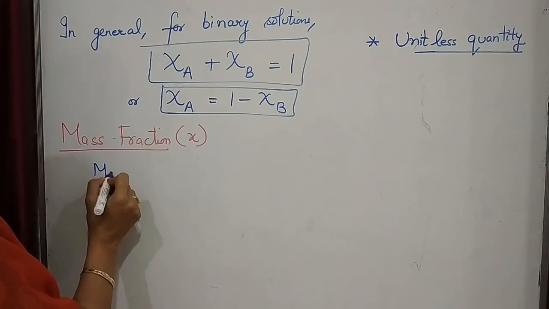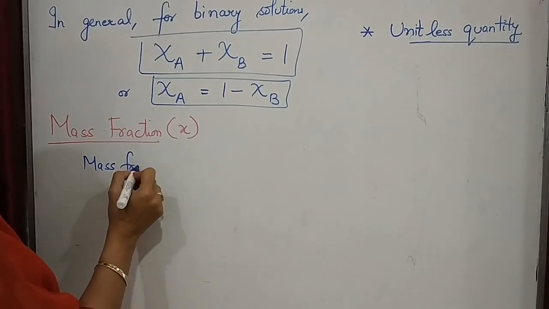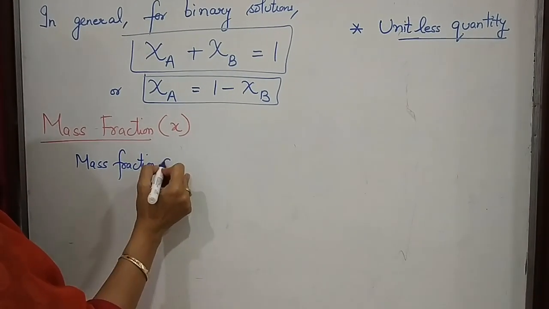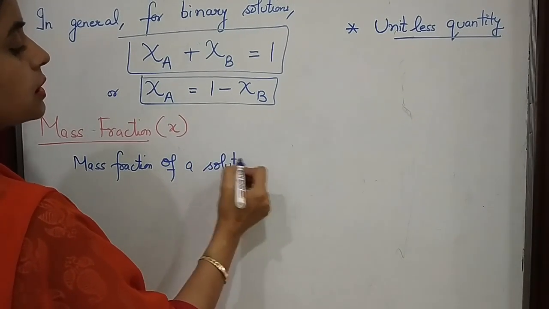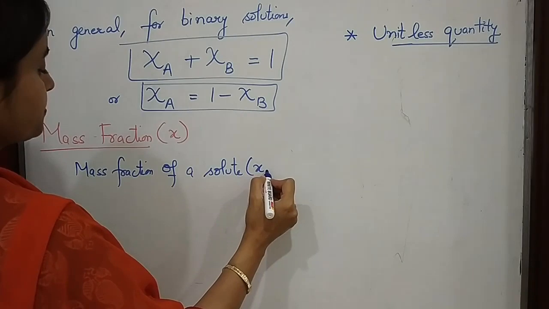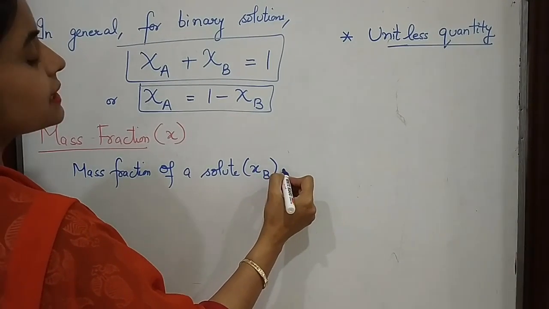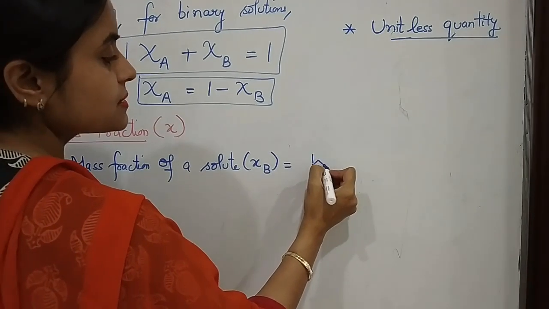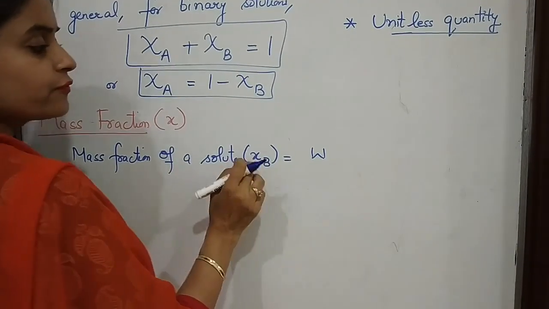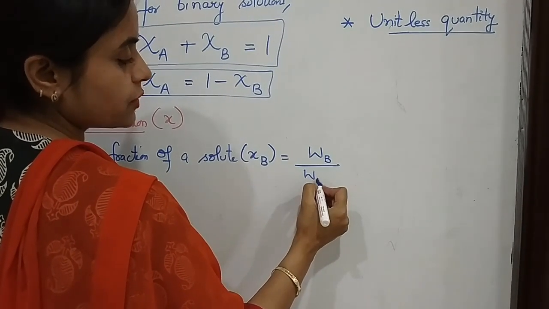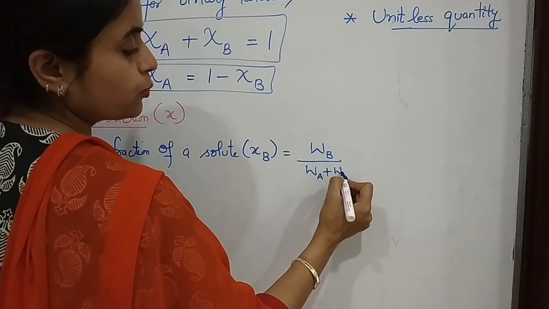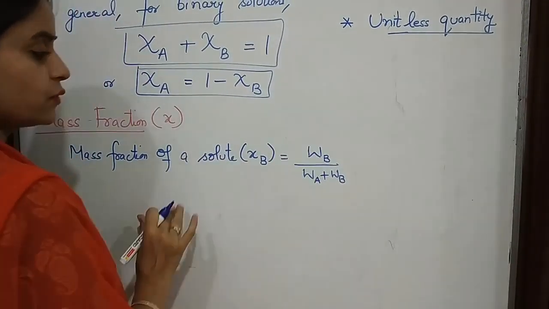Mass fraction of a solute in a binary solution, that is XB, is equal to the ratio of the mass of solute to the total mass of solution, which is equal to WA plus WB, because we deal with a binary solution.